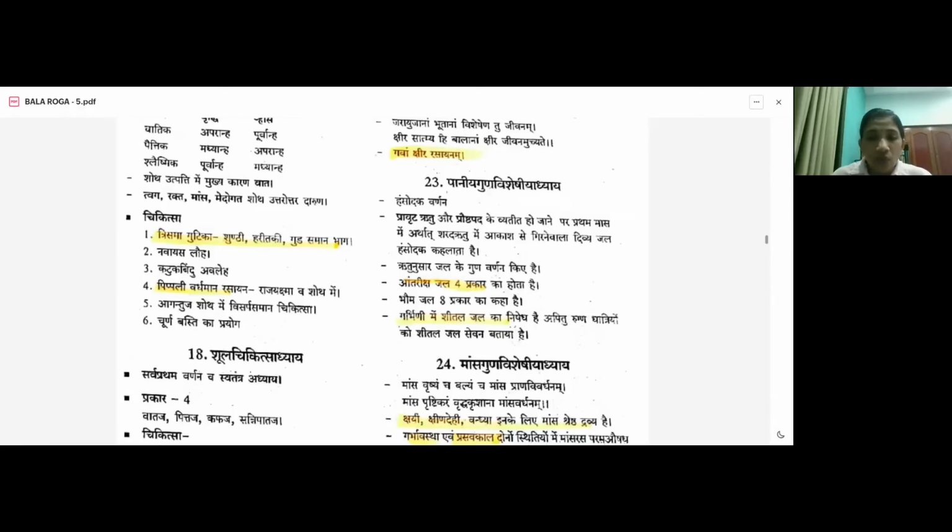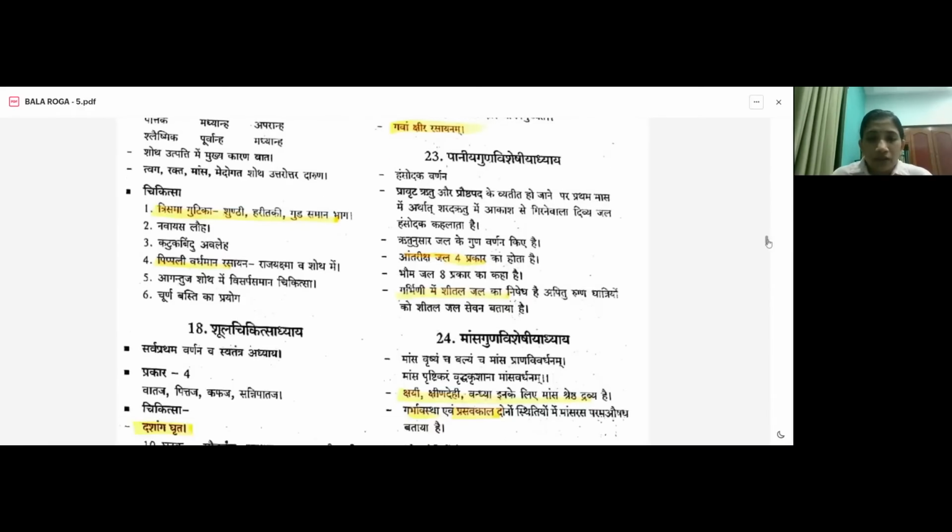He mentioned 4 types of Antariksha Jalam, and in pregnancy time, it is contraindicated to take cold water. Okay. And also the Hamsodaka Varnana is mentioned here. Mainly 4 types of Antariksha Jala and contraindication of Shita Jala in pregnancy is mentioned.